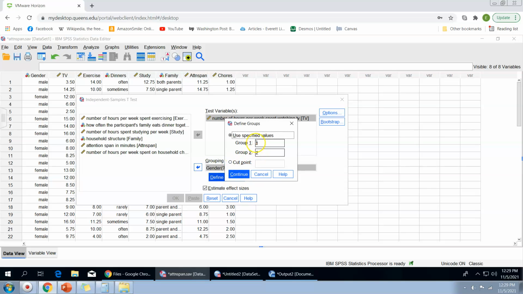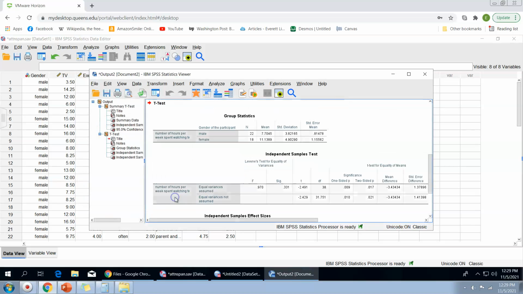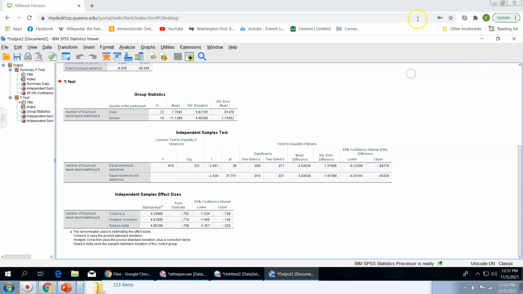Before we came over here, we looked to see that our two groups were represented by 1s and 2s. So we're going to leave that as 1 and 2 and click continue and click OK. And you see in our output over here we get 3 tables. The first one includes our summary statistics. The next one is the results of our hypothesis test. And then the third one is going to list our effect sizes.